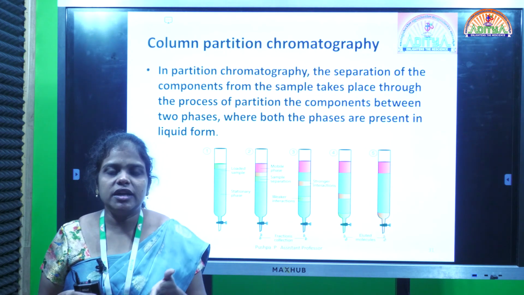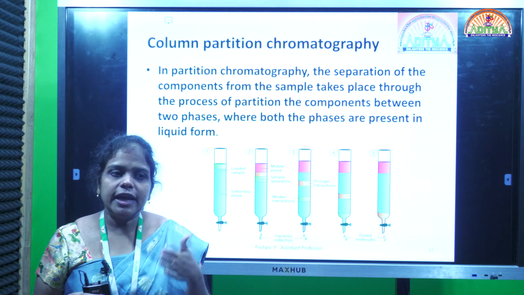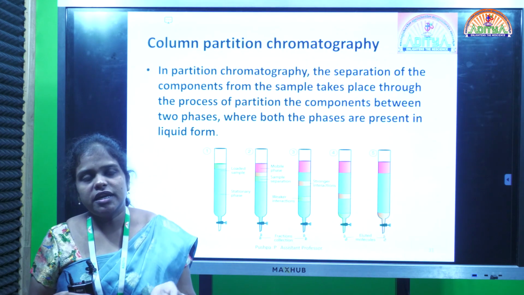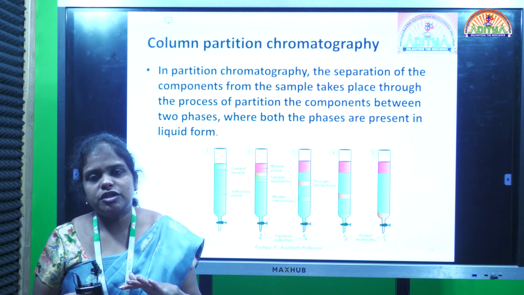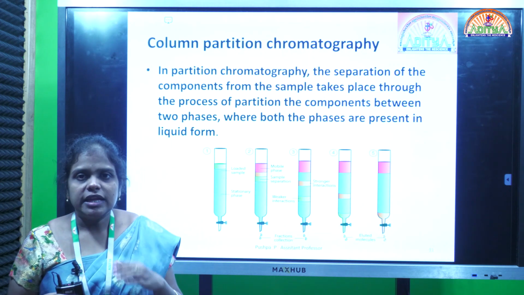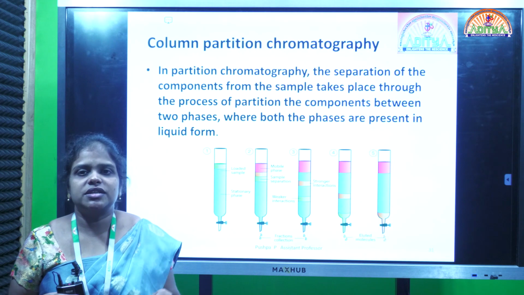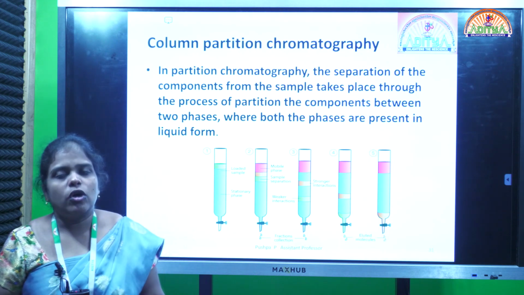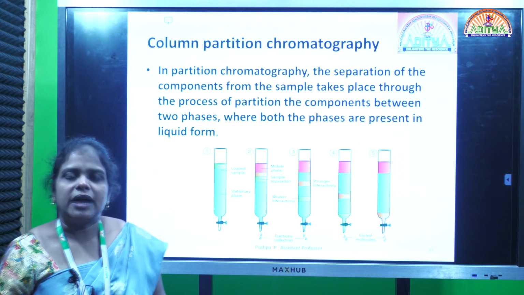Based on that solubility, the sample gets partitioned into the mobile phase, or it may get partitioned into the stationary phase. This principle is happening in partition chromatography. These are the two differences between column adsorption and column partition chromatography.